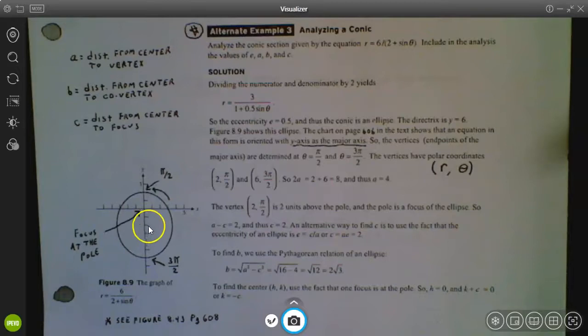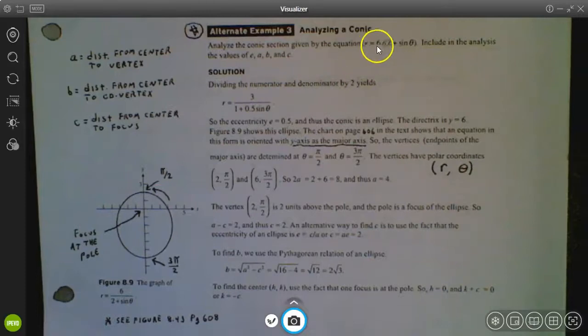So from the center to a covertex would be our value for B. And then C is always the distance from the center to the focus. That's been consistent all chapter long.